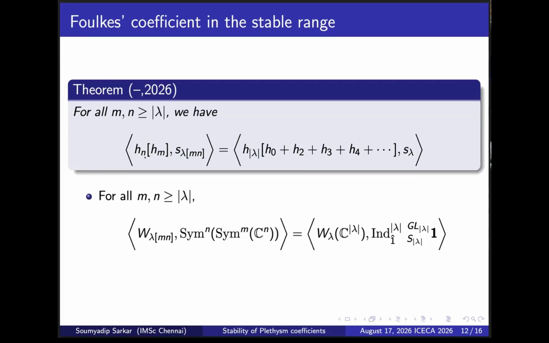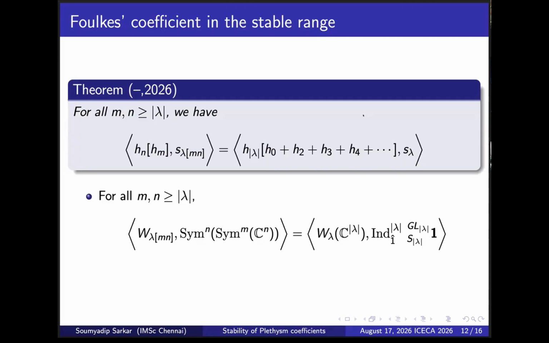So that's what I have written here. If you look at the multiplicity of this Weyl module lambda Mn, as you know, characters of Weyl modules are basically Schur functions. So the character of W lambda padded Mn is S lambda padded Mn.